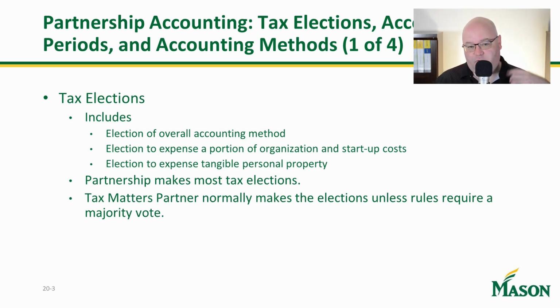Say, for example, you buy $200,000 worth of property, and under 179 you could expense all of it. Under bonus depreciation, you can expense all of it, but you file the tax returns and, for example, you live in New York where bonus depreciation is not allowed. You may have a situation where somebody's paying a boatload of taxes to the state of New York, and they ask, why do I have this add back? Well, it's because of bonus depreciation.